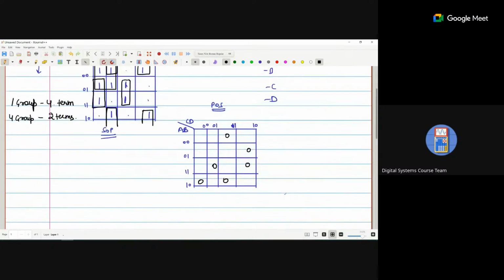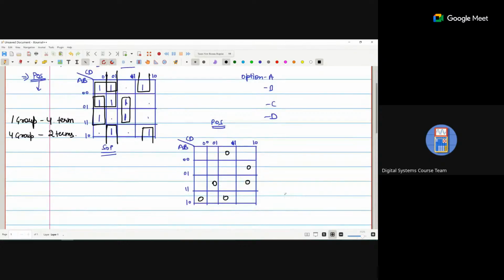So there are 6 places where the max term is not defined. Now we can create groups of max terms. This is one group, and this will be the second group. Now you can see these two are not creating any group, so I just take them as single and single.